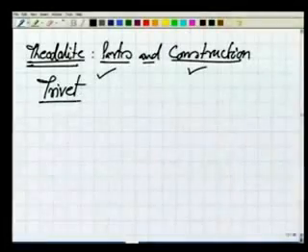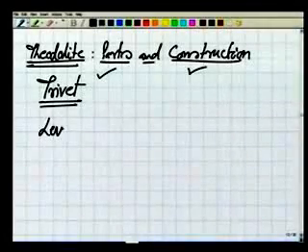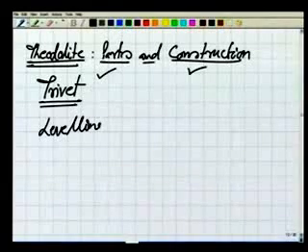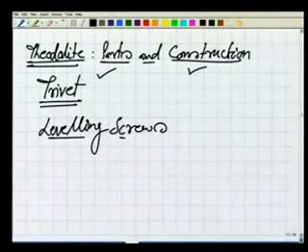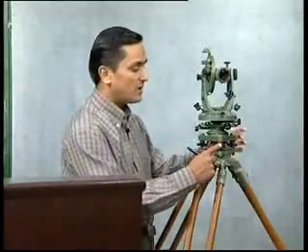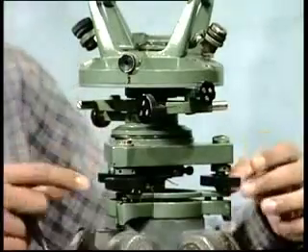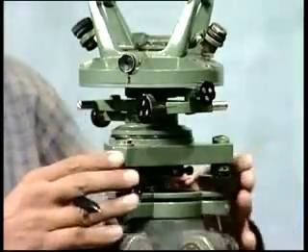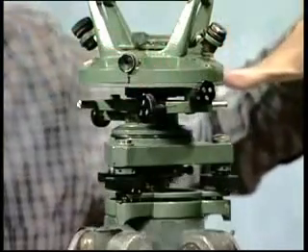Trivet. On top of the trivet we have leveling screws. Now where are the leveling screws? There are 3 leveling screws here, 1, 2 and 3. We will see later on that we can make use of these screws in order to make the theodolite horizontal.